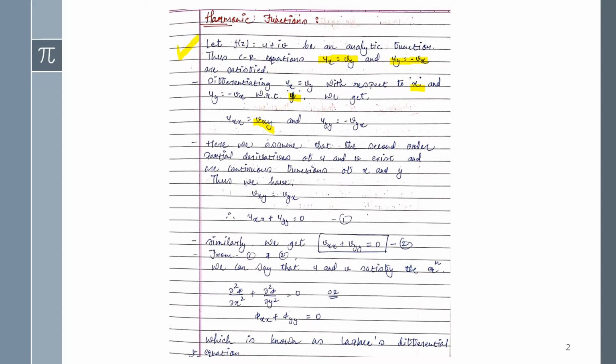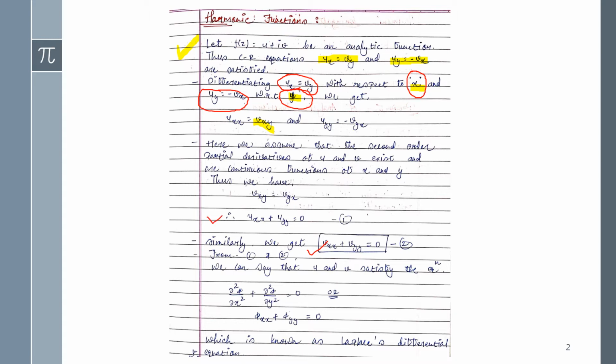So uxx plus uyy equals 0, and similarly we can get, if we do this with respect to y, I'm changing a little bit here: ux equals vy, this one we will do with respect to y, and as this one with respect to x, then it will be vxx plus vyy equals 0.